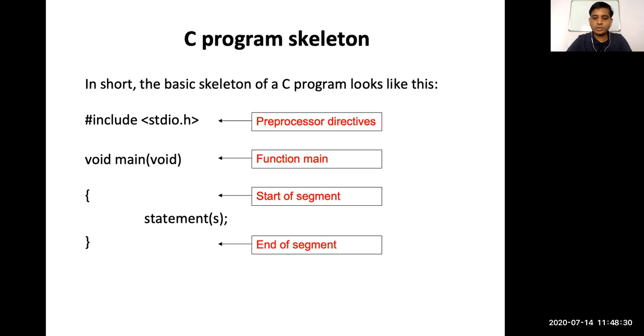Because we need to get inputs from the user, and after processing those inputs we need to show the result on the monitor. The printf and scanf functions are present in this stdio.h file. So if you want to use printf and scanf, then include the stdio header file.